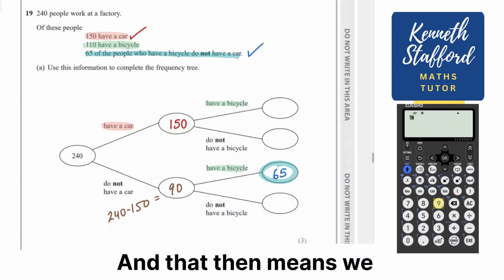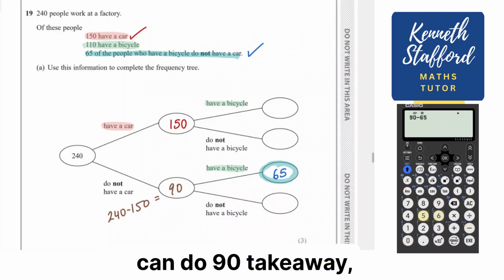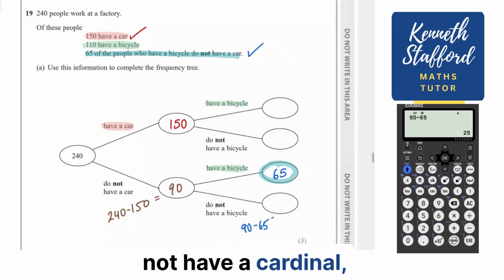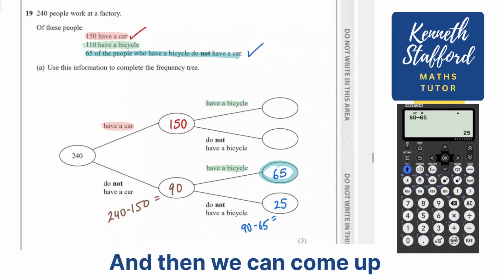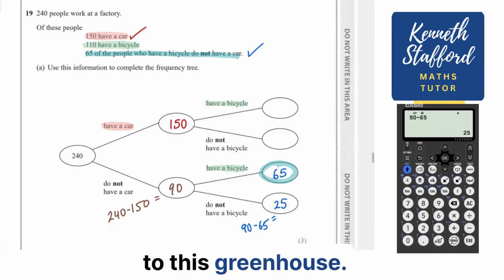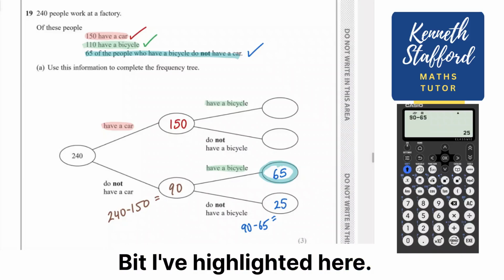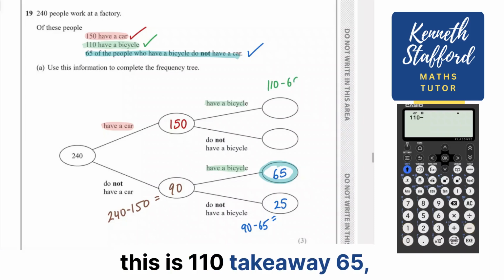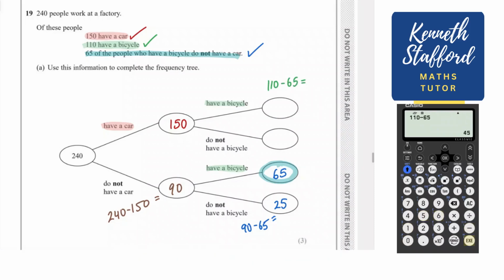And that then means we can do 90 take away 65 to figure out how many people do not have a bicycle and do not have a car. That is 25 people. And then we can come up to this green bit I've highlighted here. If 110 have a bike, this is 110 take away 65, which is 45.